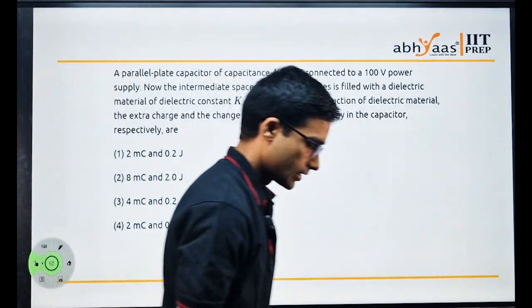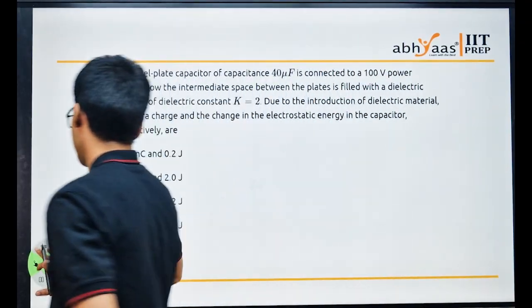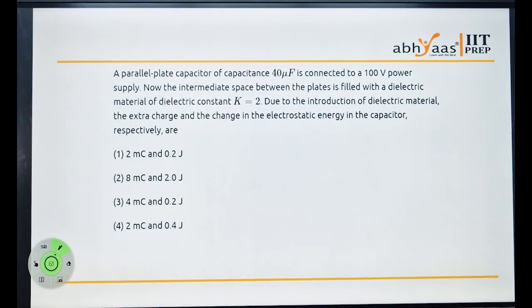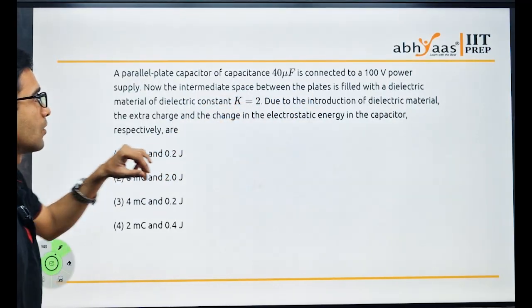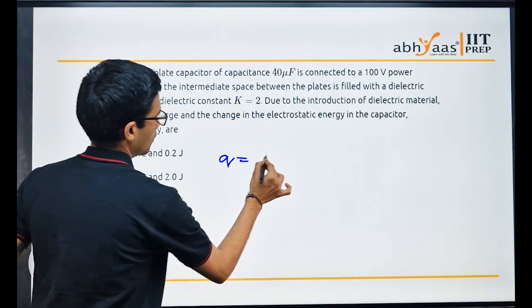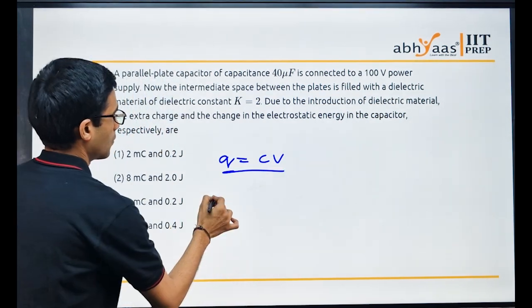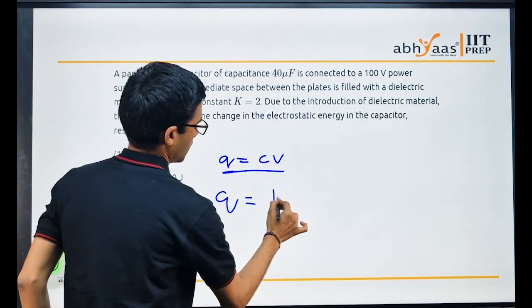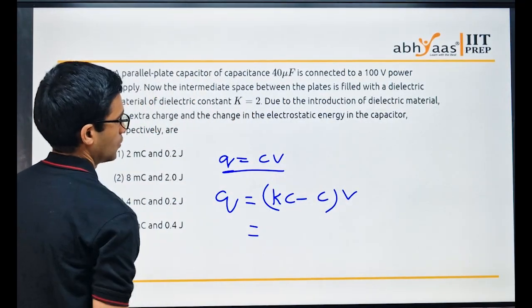Next question. Here capacitance is there. A capacitance value is given, voltage is given. So you know that Q is equal to CV, the general formula, but here a dielectric constant is there. So Q he is asking is (Kc minus C) into V. So what is the K value? 2.